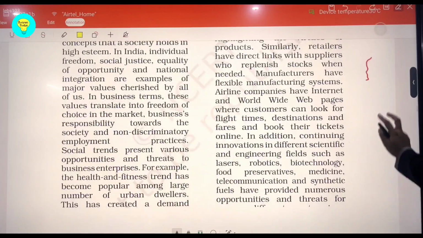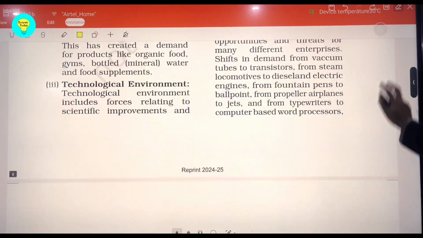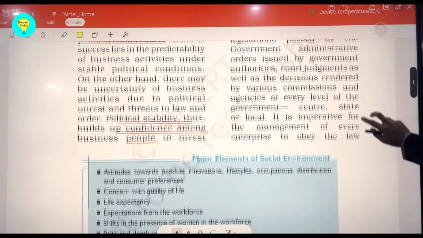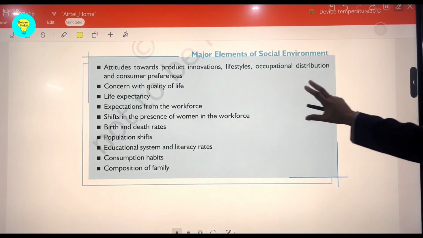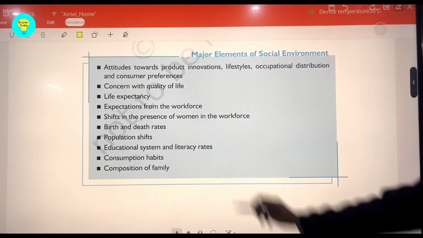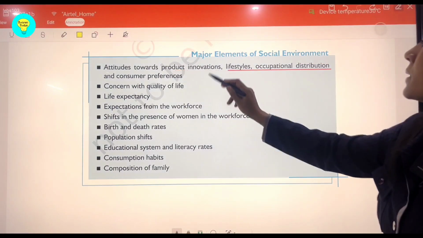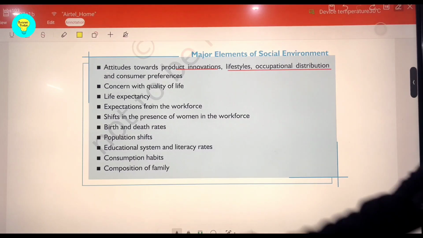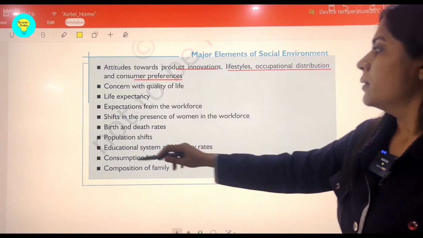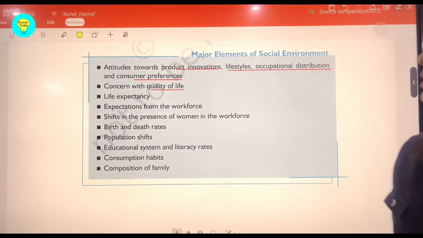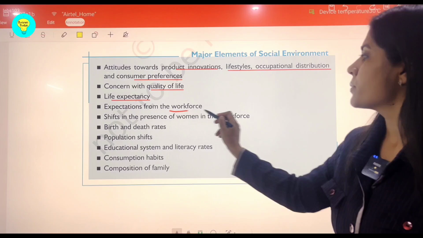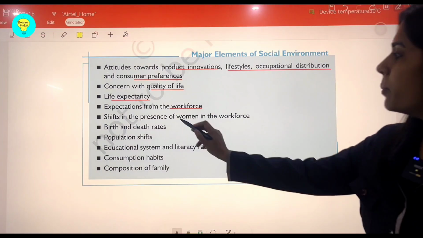Then again, it is advisable for you to go through the box with respect to this segment as given in your book. You see the box is in blue, major elements of the social environment, and it says product innovations, lifestyles, occupational distribution, consumer preferences, the quality of life of the people, their life expectancy which is gradually increasing year after year, expectations from the workforce, then presence of women in the workforce.